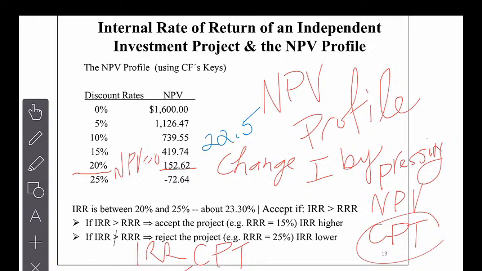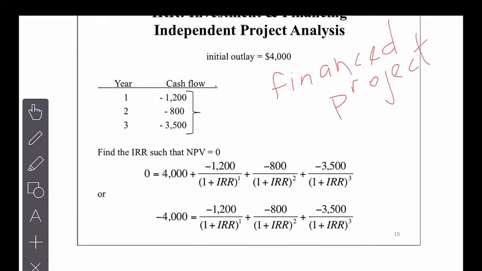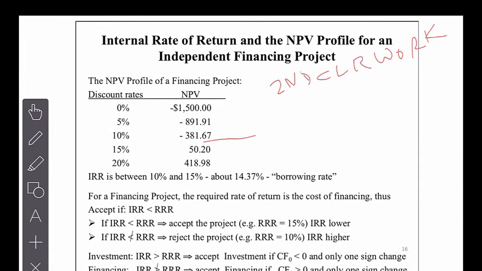Where'd my project go? Oh, it's above. Why do I forget that? That's terrible. Okay, so this is 4,000 and then negatives. So let me know if you've generated this NPV profile.